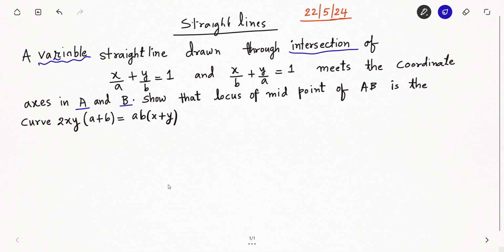Basically, it is saying that these two lines intersect, and through the intersection a variable straight line passes, and that variable straight line meets the coordinate axes in A and B. Then we need to show that the locus of the midpoint of AB is this curve. So we will start with finding the intersection point, and after that we will proceed.